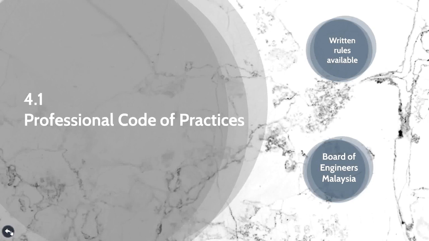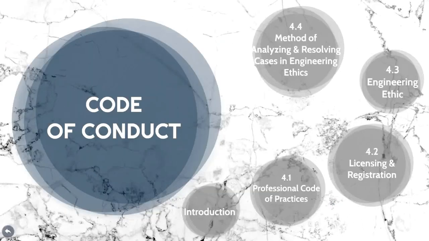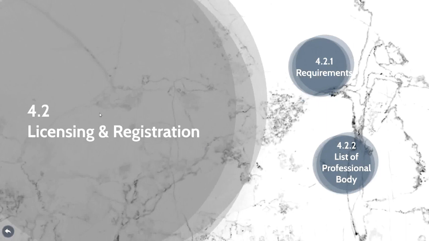Moving to another subtopic under the Code of Conduct is 4.2, Listing and Registration. For 4.2, Listing and Registration, the explanation of what listing is and why listing is important to a professional engineer is gained.